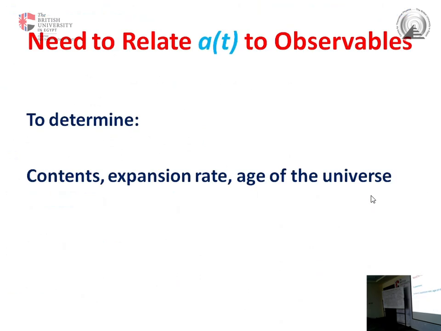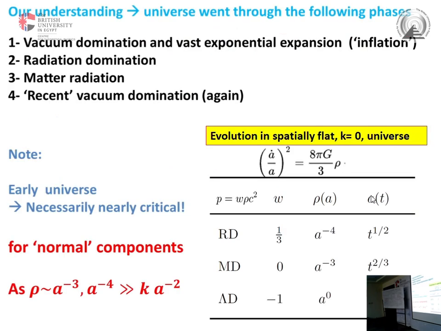Okay, so tomorrow we'll try to relate all that to observables so that we can know the curvature of the universe, the expansion rate, its age, and contents and so on. We'll try to use observations to fix this. Instead of taking the limits here of radiation only, matter only and lambda only, we'll put everything in, and we'll put the curvature too.